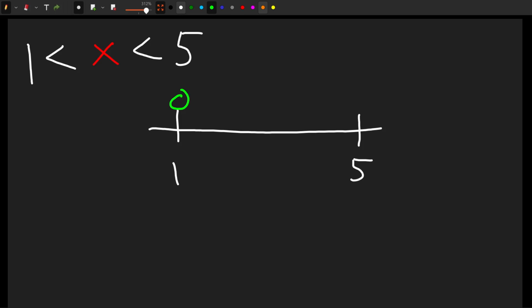Notice that both of them are simple inequalities, they're just greater than 1, less than 5. And so they're both open dots. And then my interval notation in this case is just simply 1 to 5.